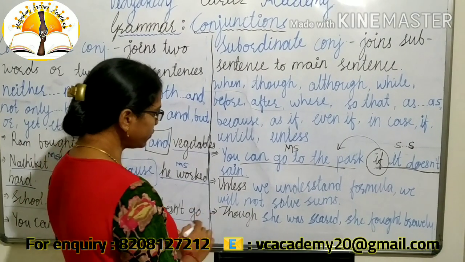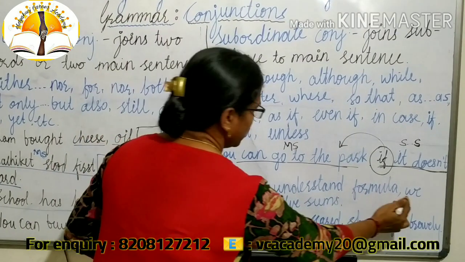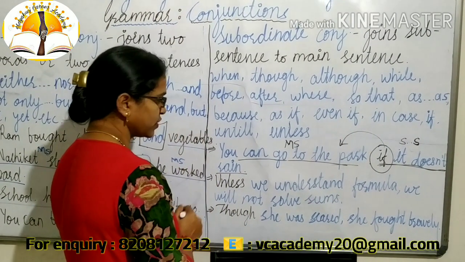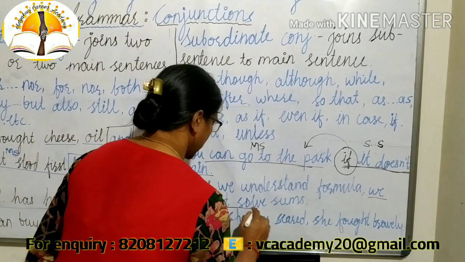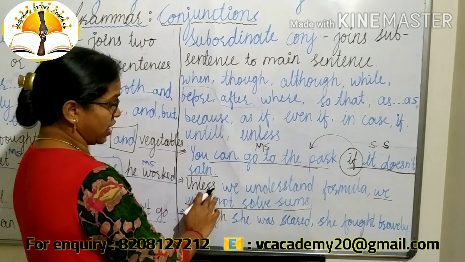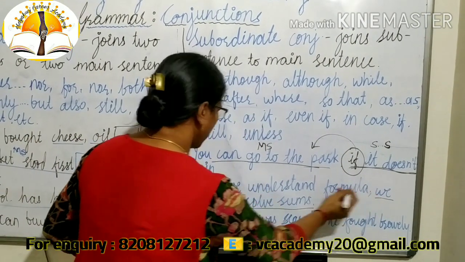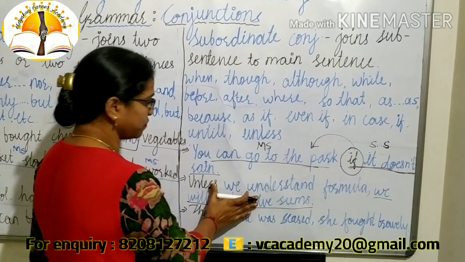Yes. Now next. Unless we understand the formula, we will not solve sums. I will read first. Look here. Unless we understand the formula. This much only you read, and you cannot get the complete sense of this sentence.